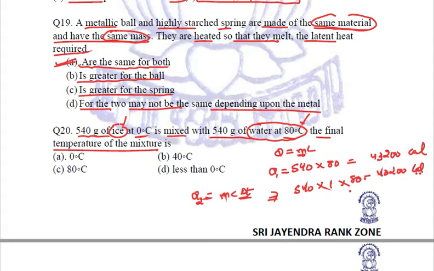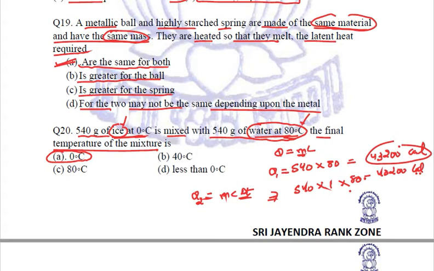So here we can relate that the heat given by water is just sufficient to melt the whole of the ice. Therefore, the temperature of the mixture will be 0 degree Celsius, because the whole of the heat that is given by the water at 80 degree to the ice at 0 degree is equivalent to the latent heat.